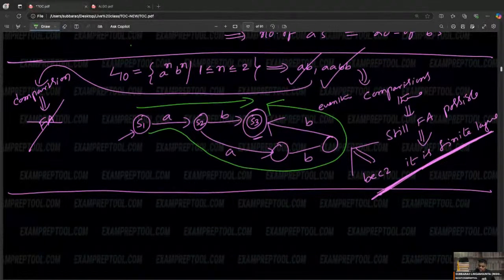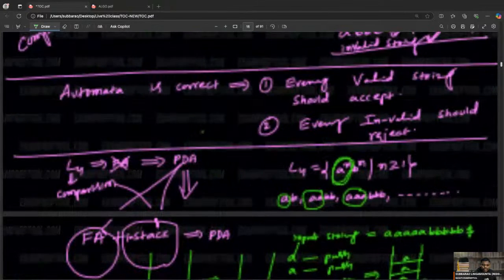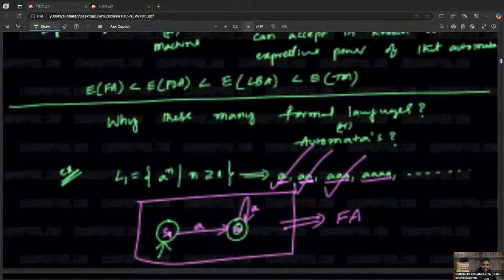Now, in tomorrow's class you will see what the language is. Let me write the language name.